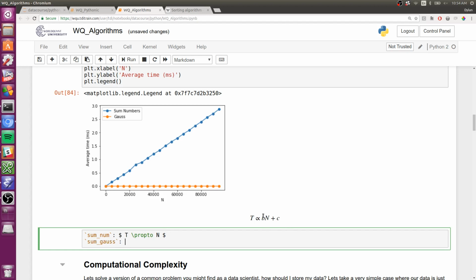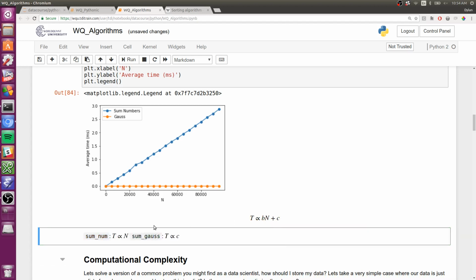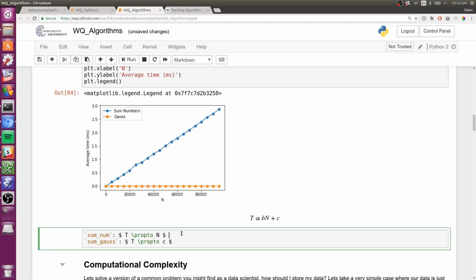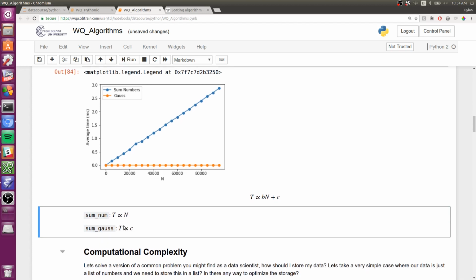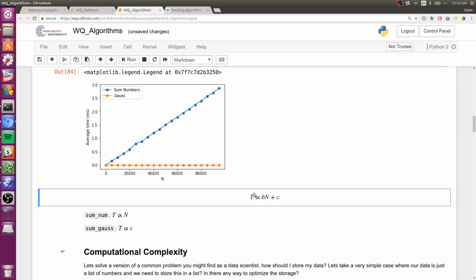So it has no linear term. So this is the kind of analysis that we've been talking about with big O notation.